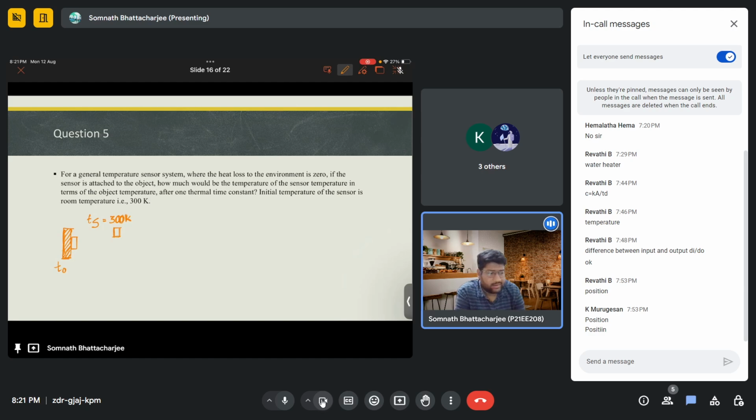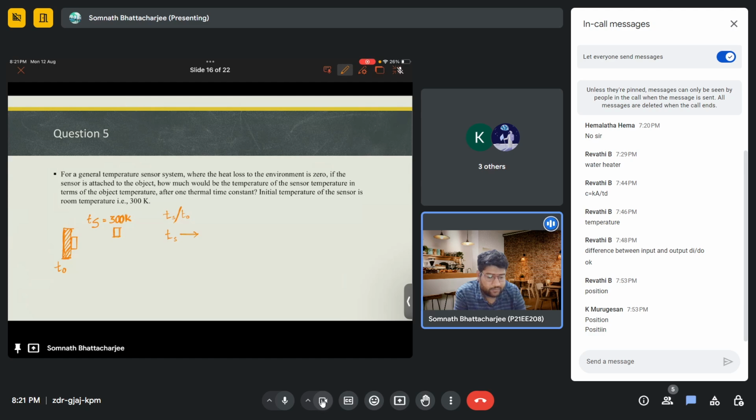How to connect these things, like let's say how to connect TS and TO? That's the main question here. What is the connection among these? If we need to change the temperature of this sensor, which was previously obviously TS, that was 300, and we are attaching it to the object temperature, what will happen?